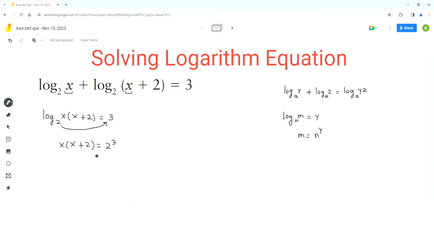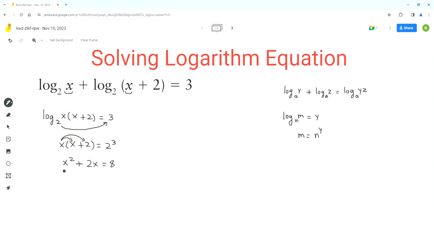Now there is no log in this equation. So this is just a regular polynomial equation, which we have to solve. The first step is to distribute the x into the parentheses on the left side. So we get x squared plus 2x. And on the right side, we can evaluate 2 to the power 3, which is equal to 8.